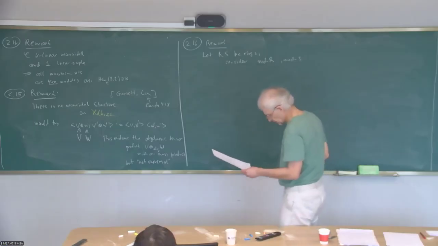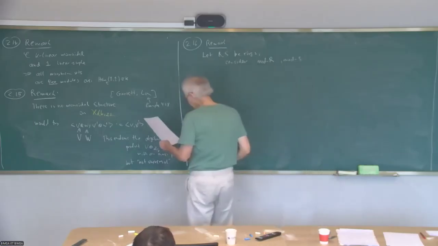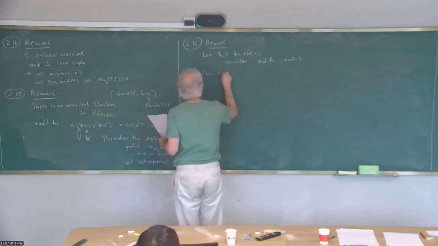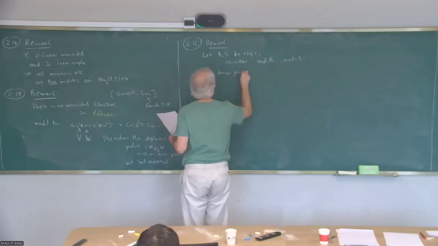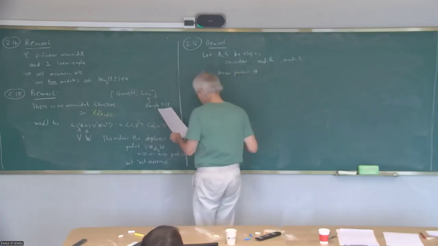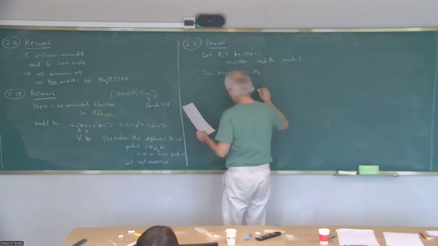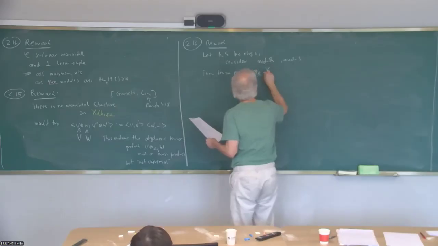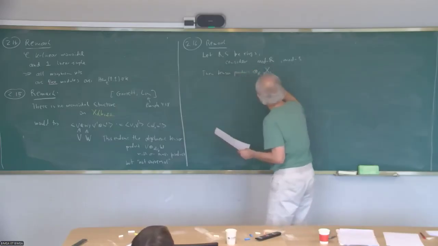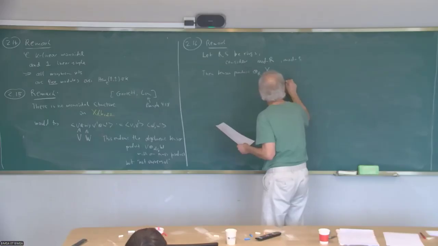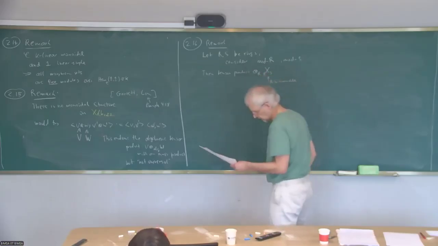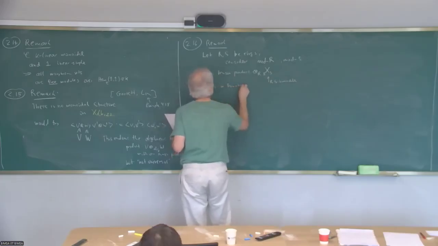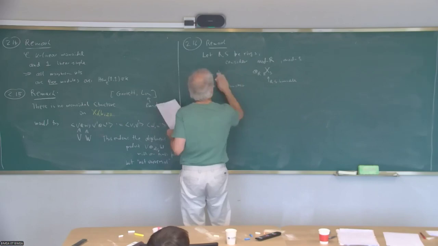And then we have already seen that the tensor product over R with a given bimodule X, R as bimodule, this gives a functor. Well, tensoring.